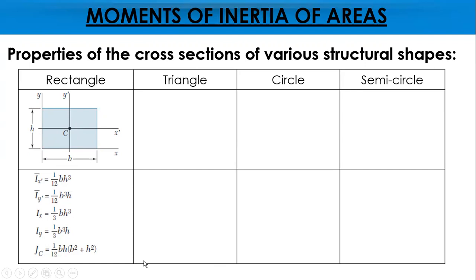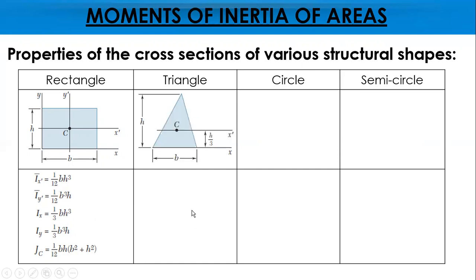Now for this one, the centroidal moments of inertia with bars at the top, I bar, with respect to the centroidal x-axis and y-axis, x prime and y prime, are derived using another method called the parallel axis theorem. Later, we will derive these expressions.